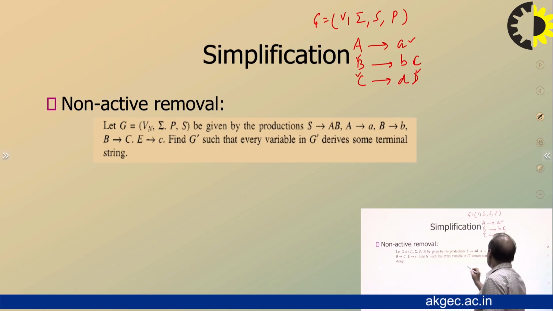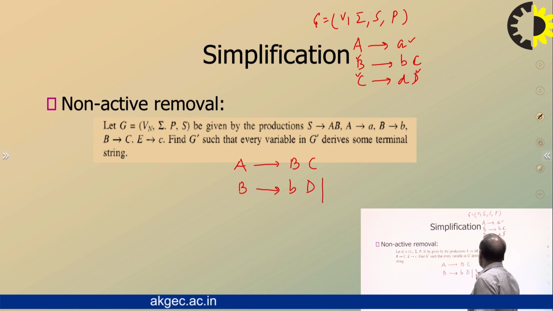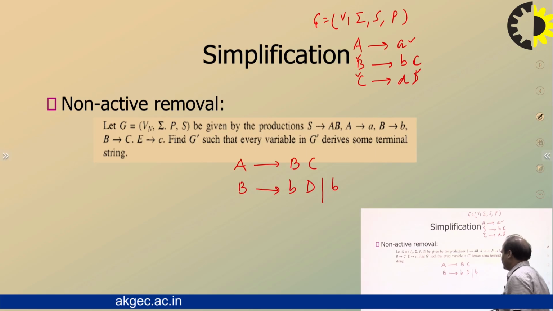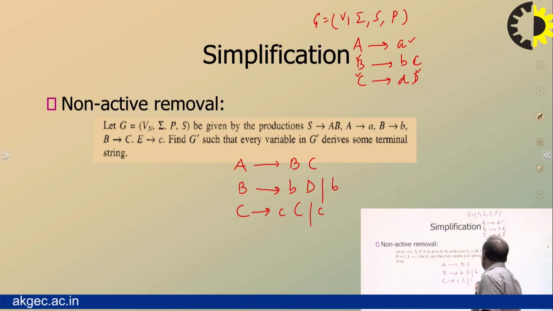Let's have another example. Suppose A goes to BC, and B goes to small b capital D, or small b, and C goes to small c capital C, or small c.